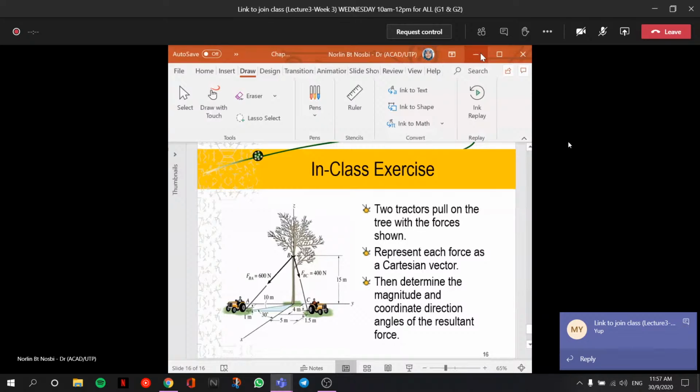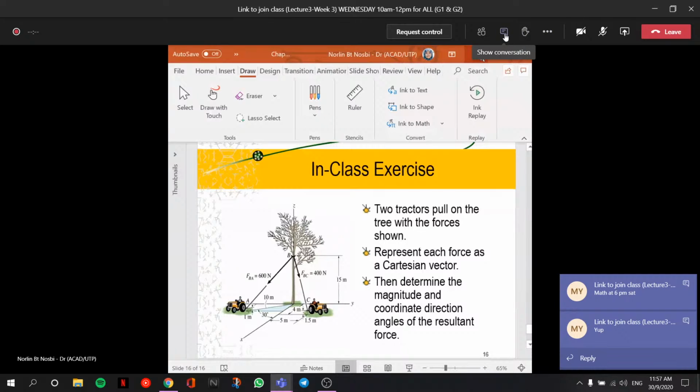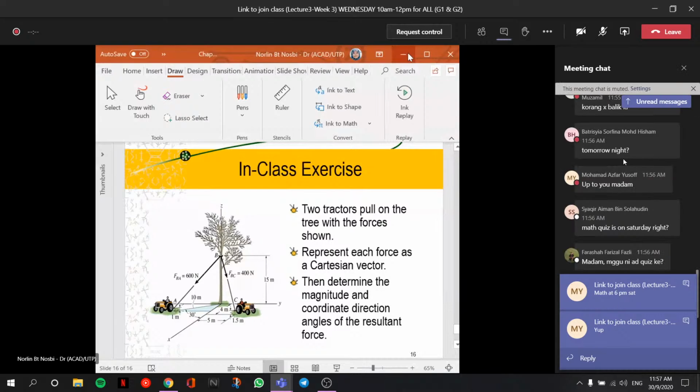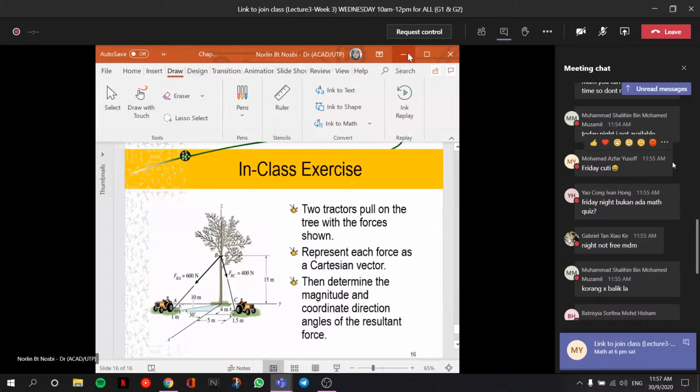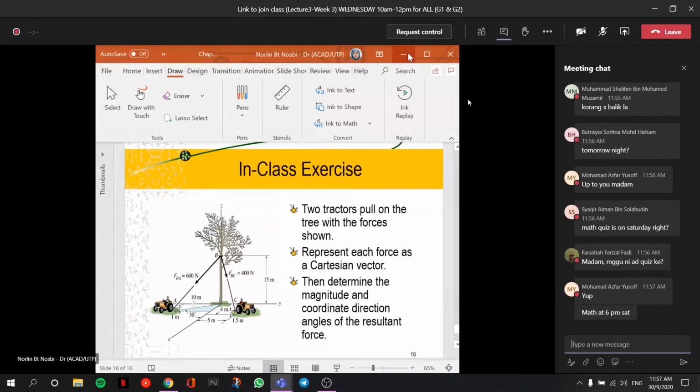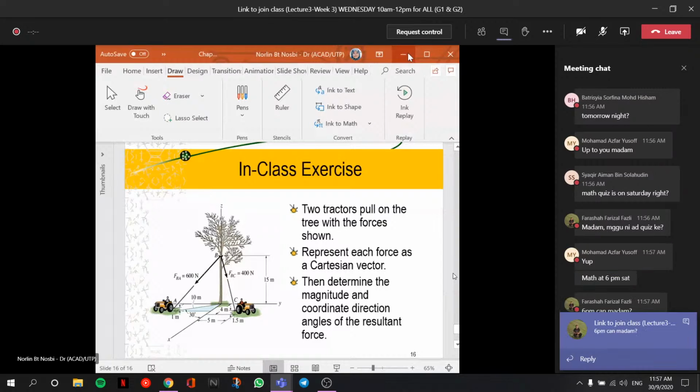Which time do you prefer? Math 6 p.m. Saturday. 6 p.m. Friday night, do you have anything? Friday at 6.